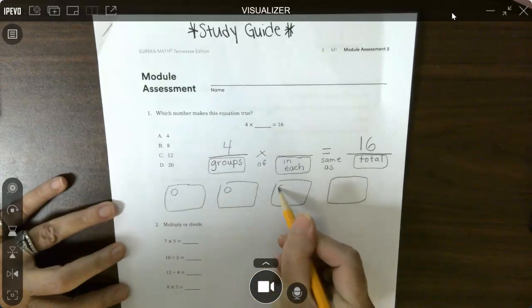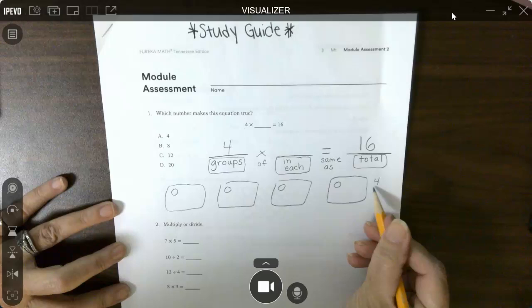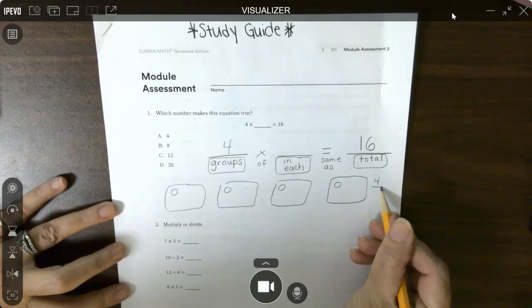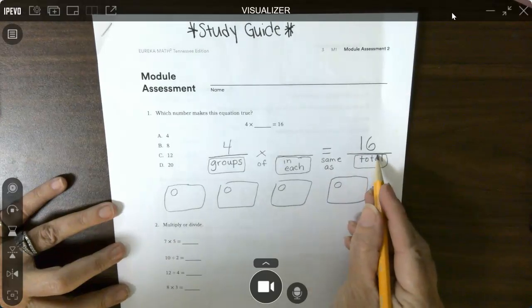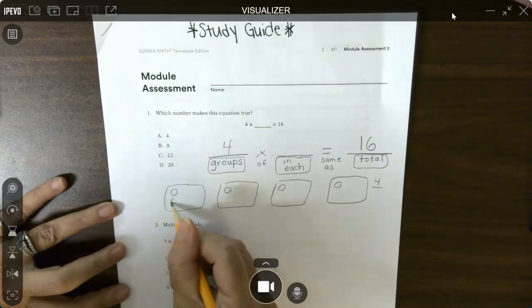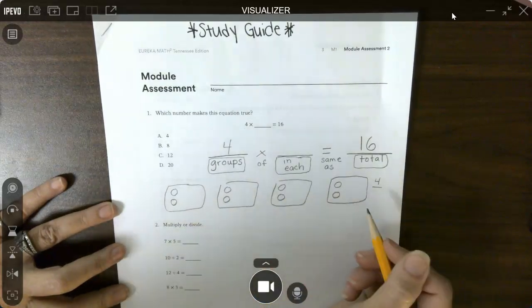1, 2, 3, 4. We practice keeping track as we do that of the amount we've given out in order to help students not miscount or make mistakes. So I've given out 4 of the 16 total items. I'm going to give out 5, 6, 7, 8.